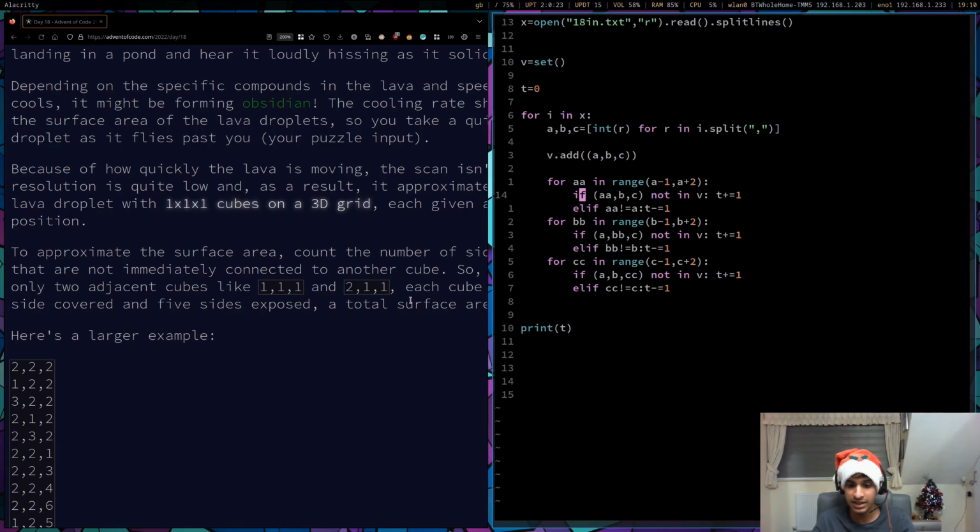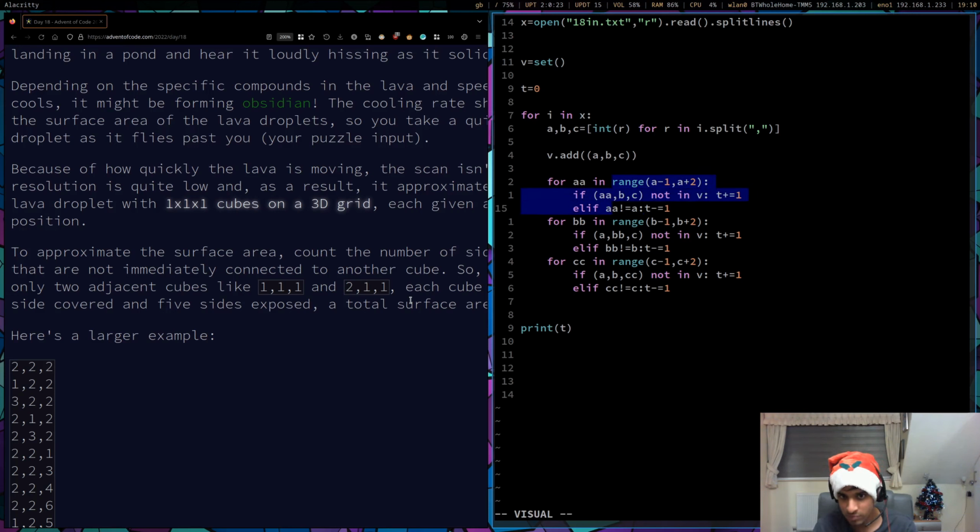It checks the up, the down, but it'll also check this block because it goes from the range of 1 below, the same one, and 1 above. So I'm checking 3 coordinates, right? I'm checking the coordinate below, the coordinate above, but also, unintentionally, the coordinate which is the actual block. And so I'm checking if I am the actual block, then don't do this. So if I am the actual block, basically do nothing.